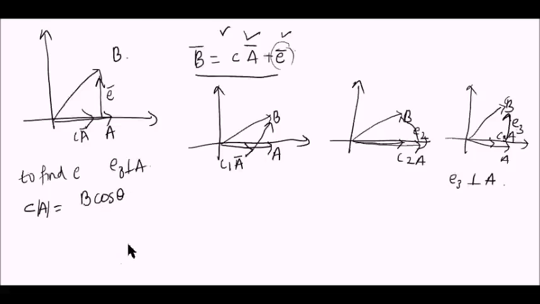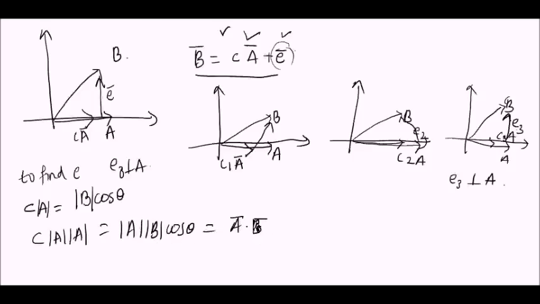You can find this simply by using the right angle triangle equation. This is also a magnitude. Now I'll multiply both sides with mod A. Now this will be equal to A bar dot B bar. So C equals A bar dot B bar by mod A square. Mod A square can also be written as A bar dot A bar.